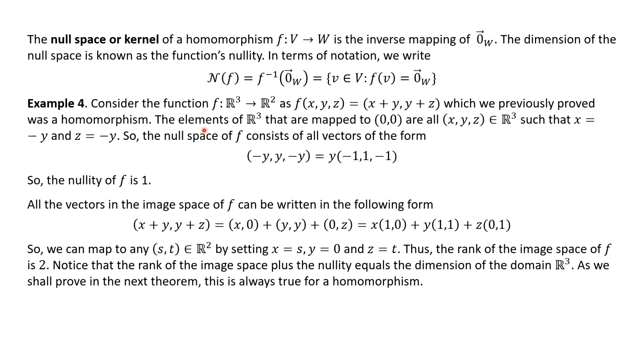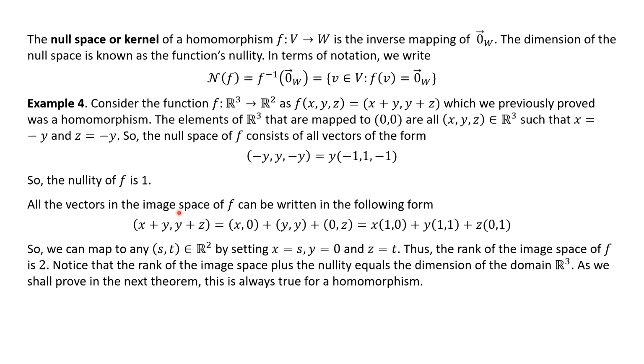We're just solving these two components equal to 0. And so we can write the null space of F as all vectors x, y, z, and then plugging in minus y for x and minus y for z, we have this here, and we can factor out the y. And so it's all multiples of the vector minus 1, 1, minus 1. And so this is of dimension 1. It's just a line in R3. And so the nullity of F is 1.